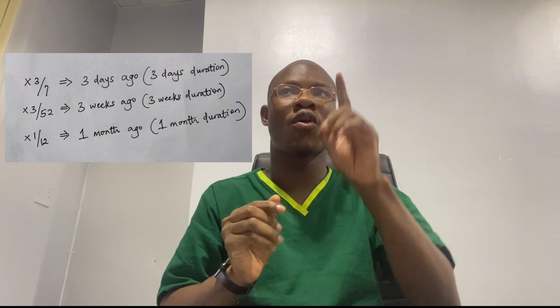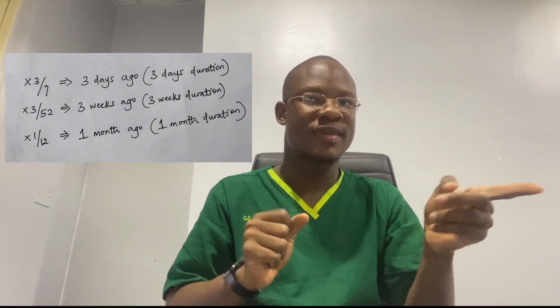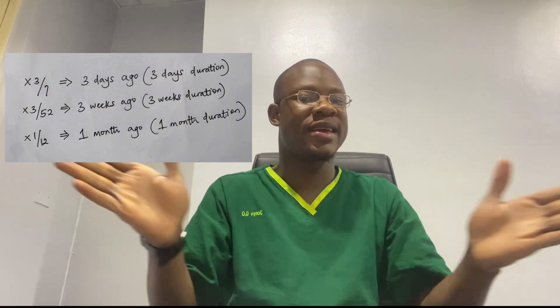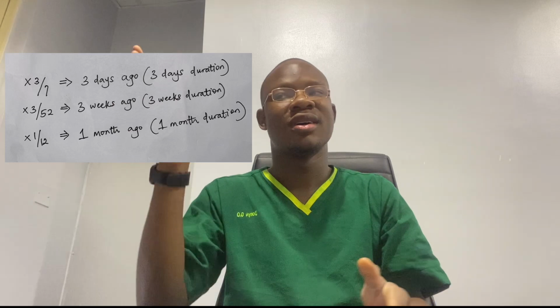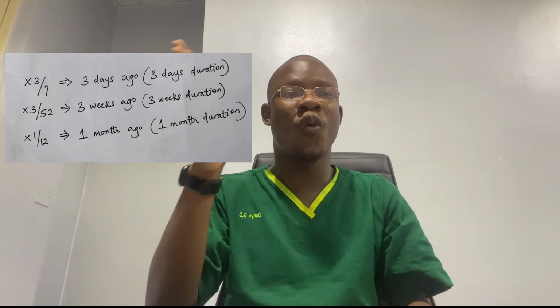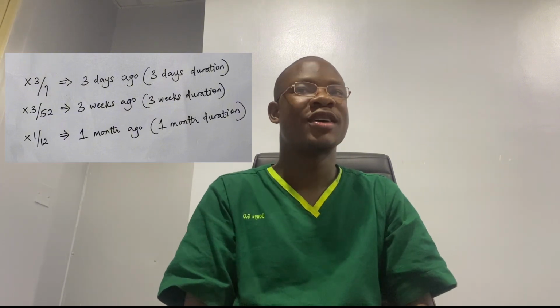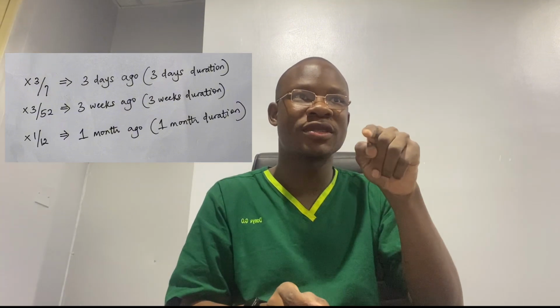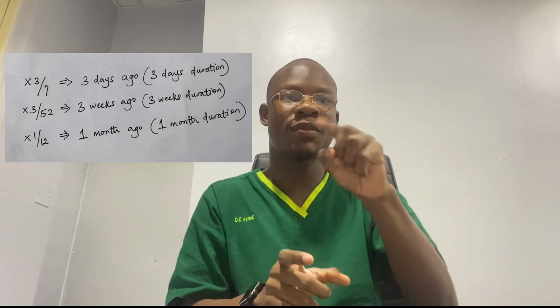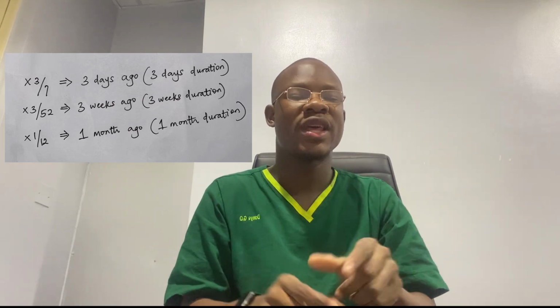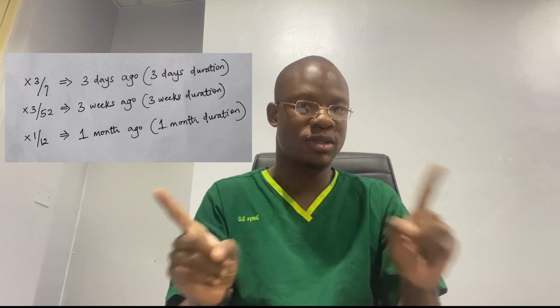If you see something like 1/12, you have 12 months in a year, so that is 1 month ago. So remember, if you see something over 7, that's talking about days. If you see something over 52, it's talking about weeks. If you see something over 12, it's talking about months.